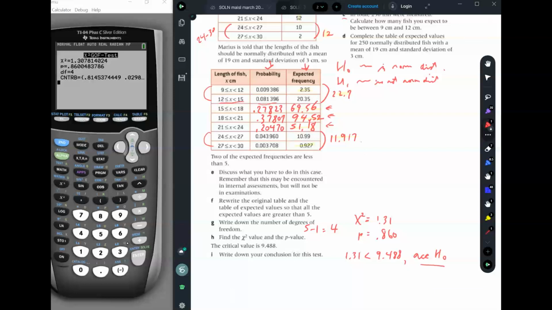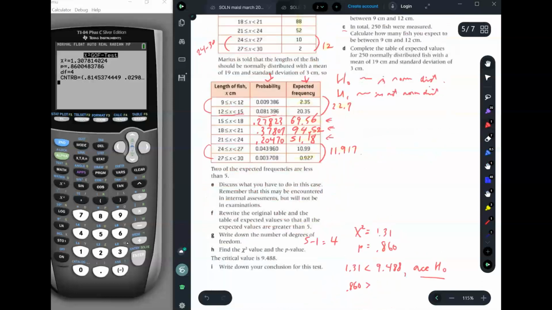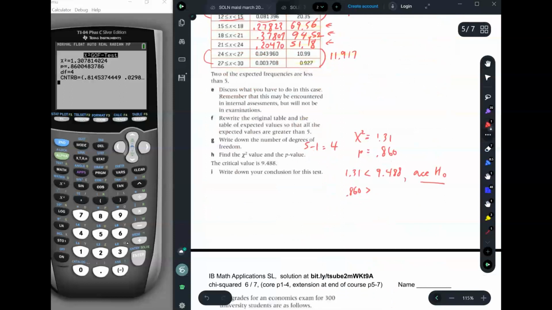We could also do this with the p-value. The p-value is 0.860, right? And the 0.860 is greater than the significance level. Remember the significance level, they said, I think it was 5%. Yeah, 5% significance level. So we compare 0.860 with 0.05, and since it is greater, we also accept the null hypothesis. So you could either use the p-value or you could use the chi-squared value.